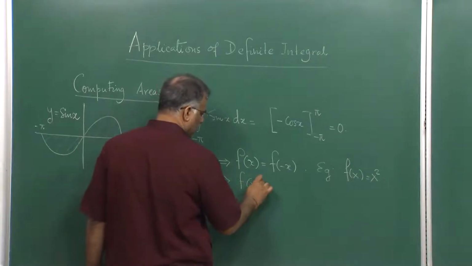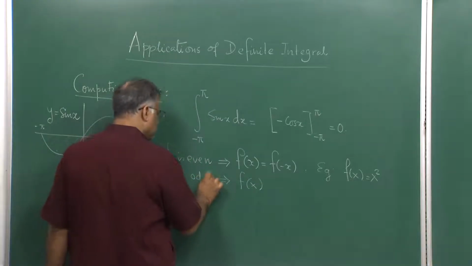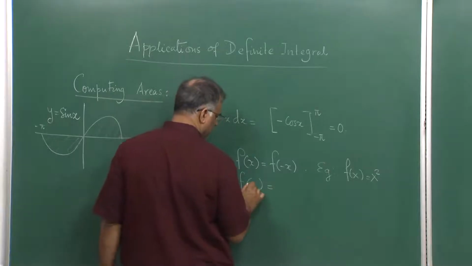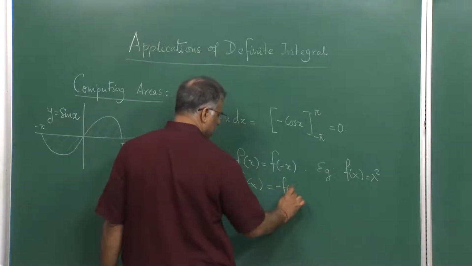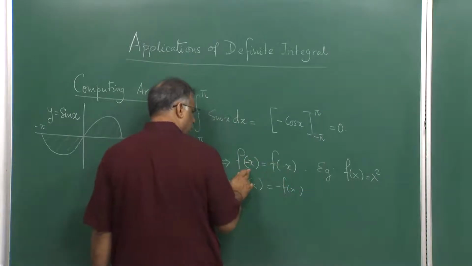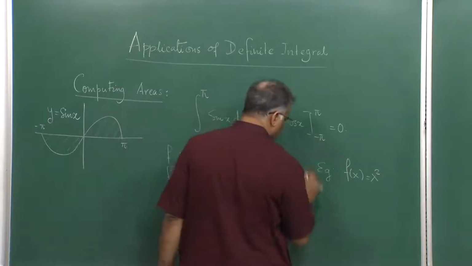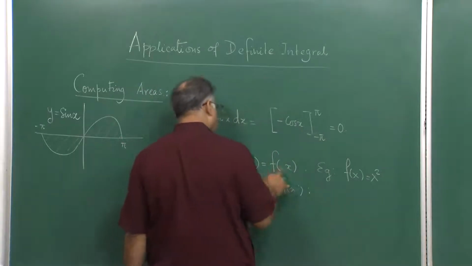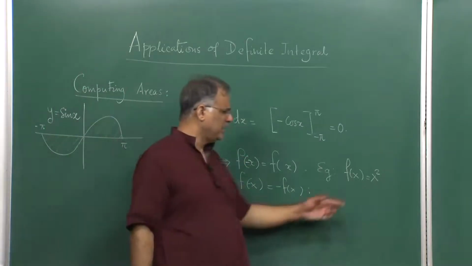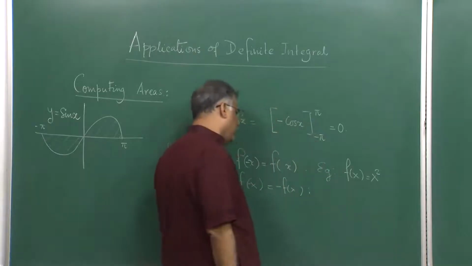Another is f is odd, that is, f of minus x is minus of f x. Here f of minus x is f x, here f of minus x is minus f x. So this is a function which has symmetry on both sides, and in this case it does not have the symmetry, it is sort of anti-symmetric, x cube, for example.